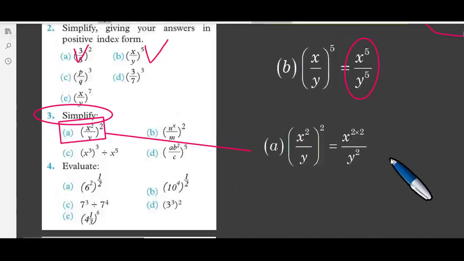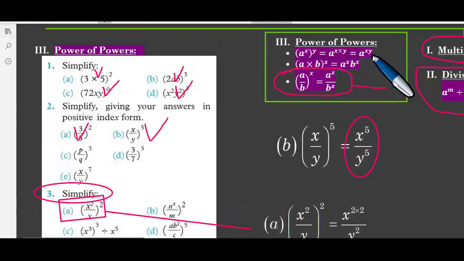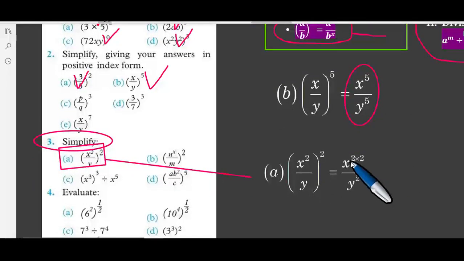Here apply this law, then apply this exponent here.